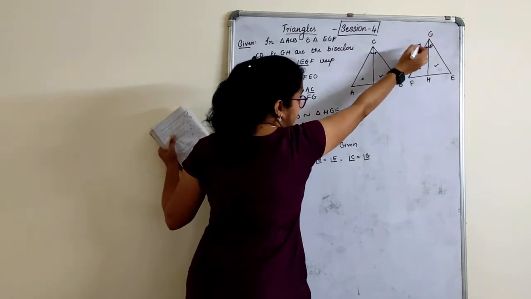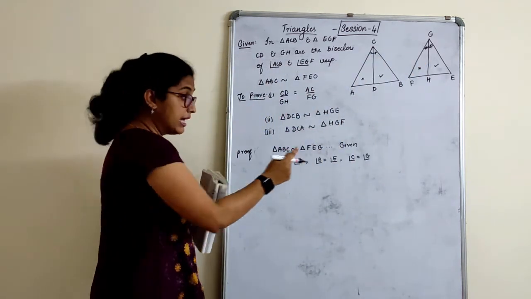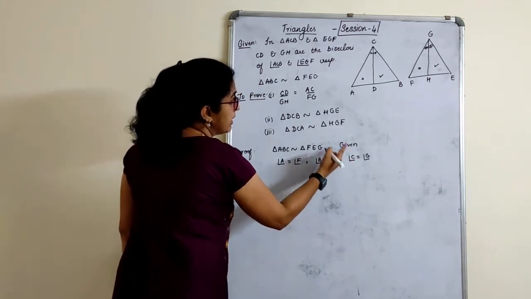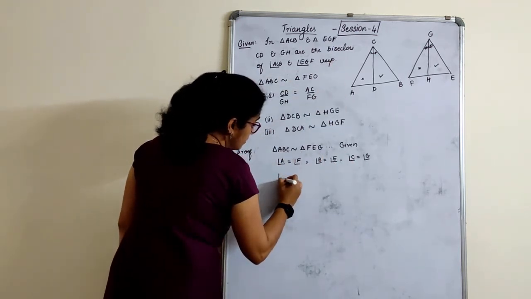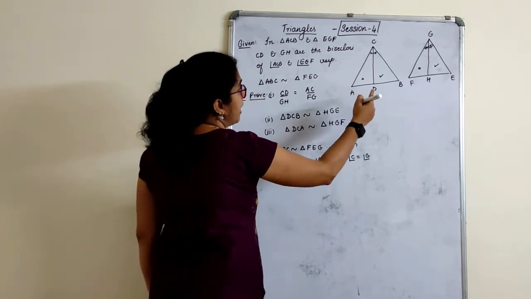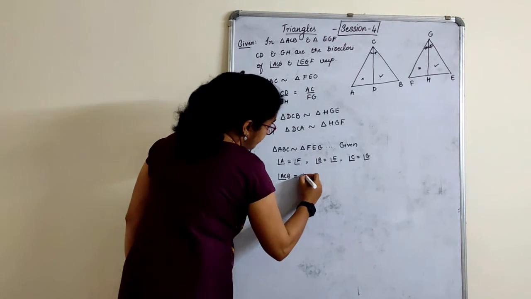But these are bisectors which are given here, so this angle can be written as angle ACB is equal to angle EGF.